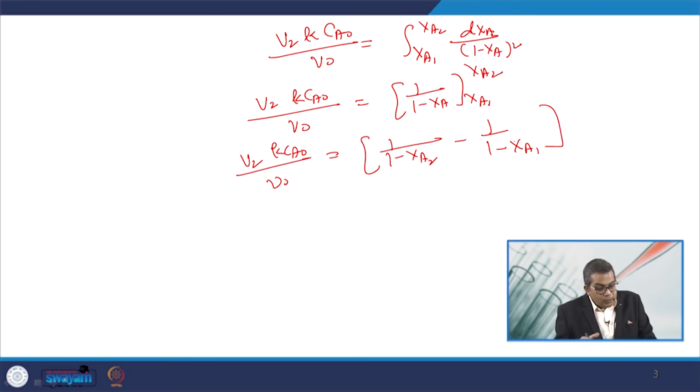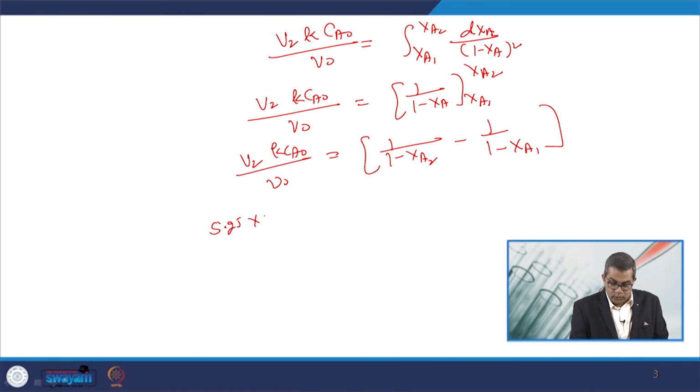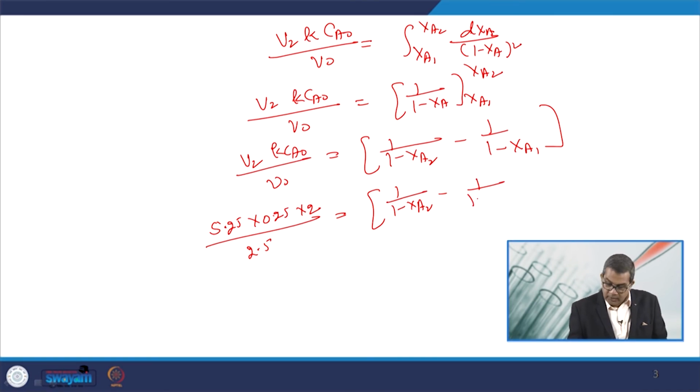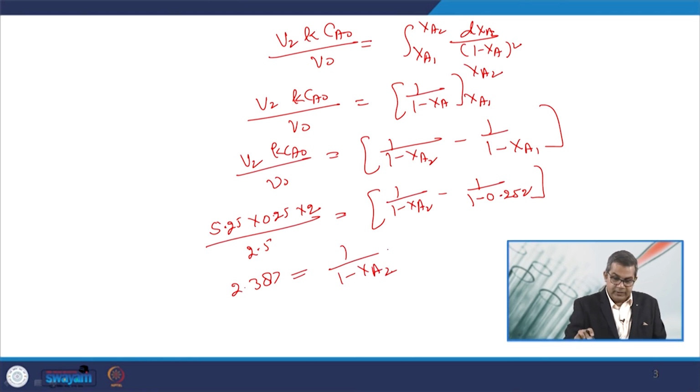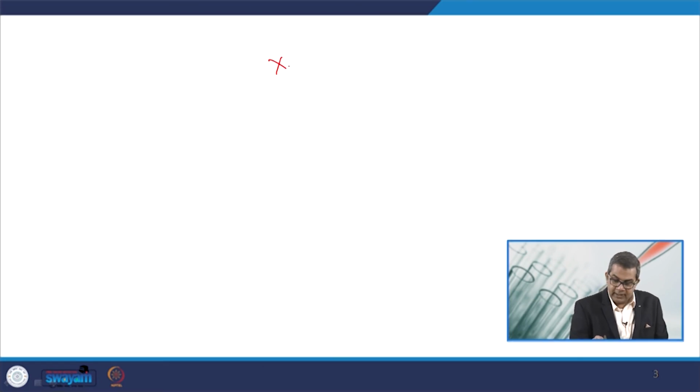So, if we put all the known values of the parameters and solve, then we have 5.25 into 0.25 into 2 upon 2.5, that is equal to 1 upon 1 minus Xa2 minus 1 upon 1 minus 0.252, which we have already determined, and that is 2.387 equal to 1 upon 1 minus Xa2, and finally Xa2 comes out to be 0.581.